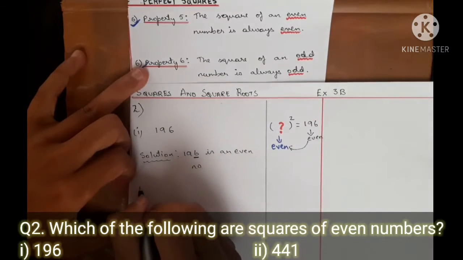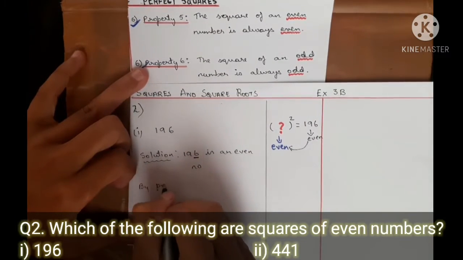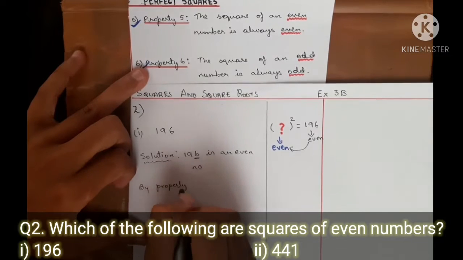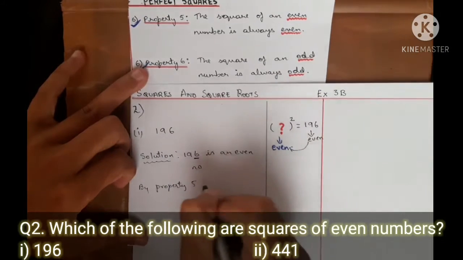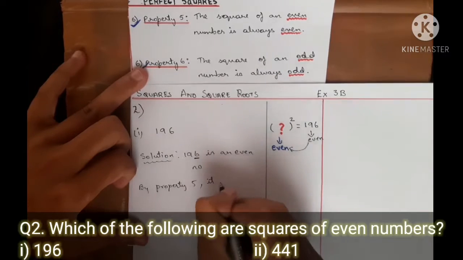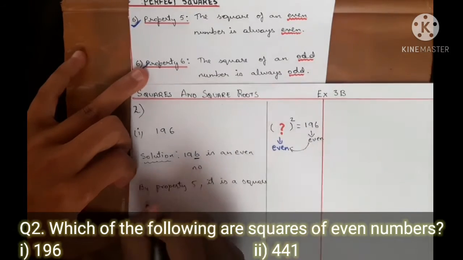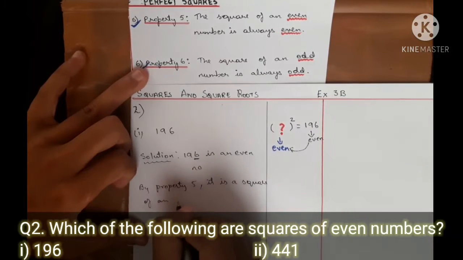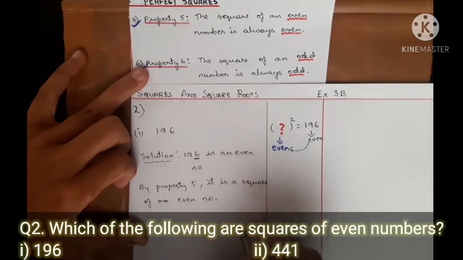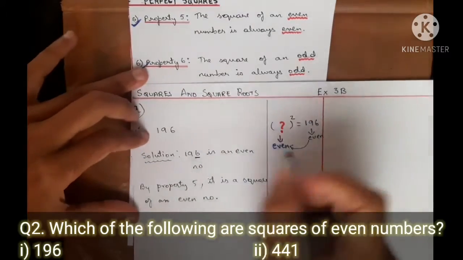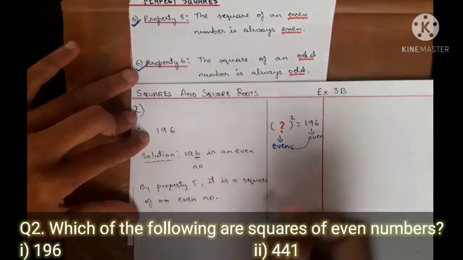Hence, by property number 5, it is a square of an even number. Can we prove it?